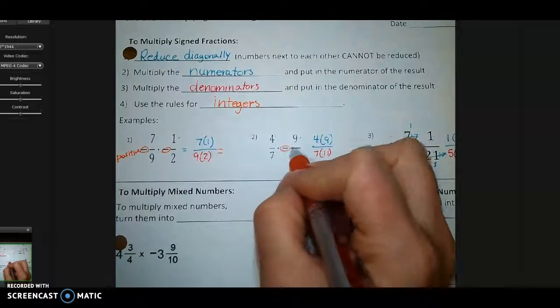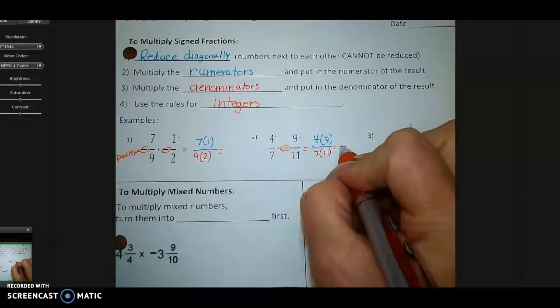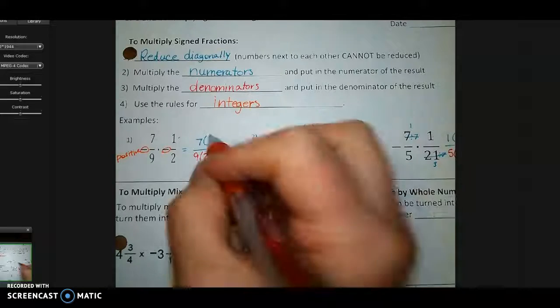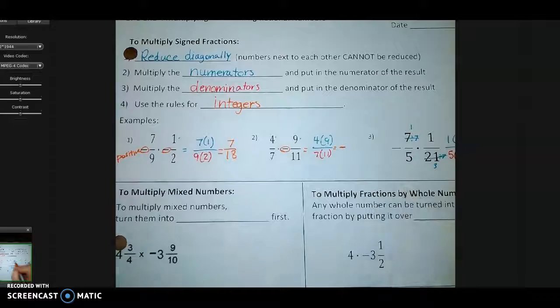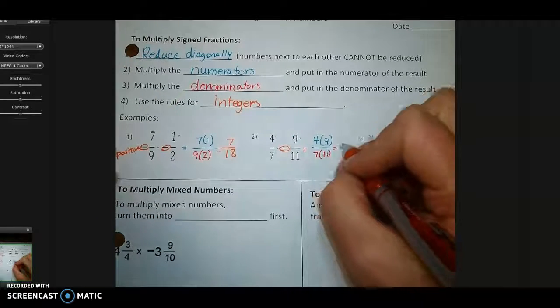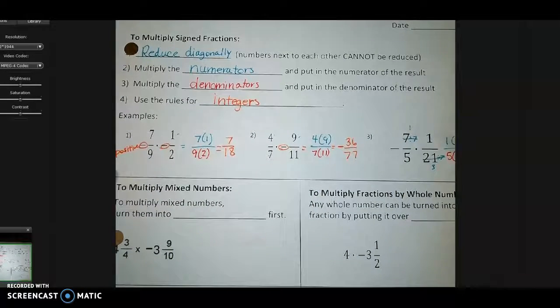Here I only have 1 negative, so my answer is going to be a negative when I get to the end. So here I've got 7 times 1 is 7, 9 times 2 is 18, and 7/18 is my answer. Over here I'm going to have 36 over 77, and that answer is going to be negative because only one of the numbers is negative.